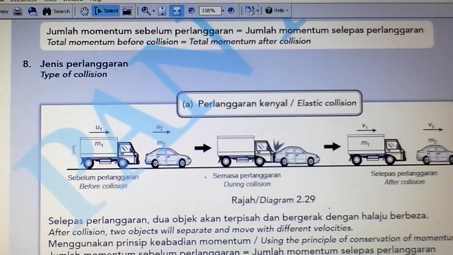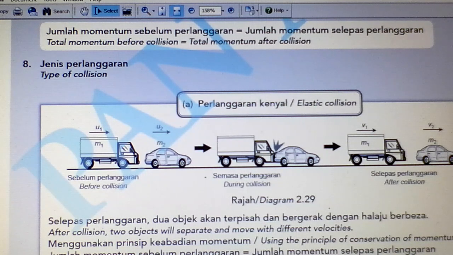So let's say we label the mass of the truck m1, initial velocity u1. For the car, mass is m2, initial velocity is u2. During collision, the truck and the car collide. After collision, the truck will move with final velocity v1.